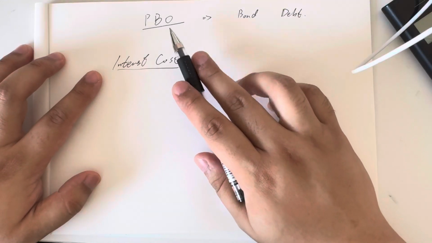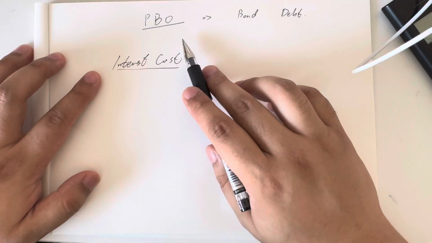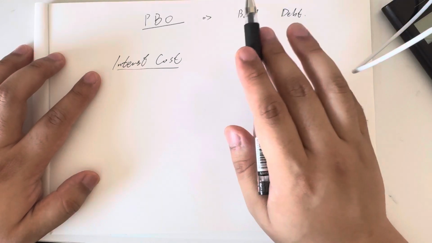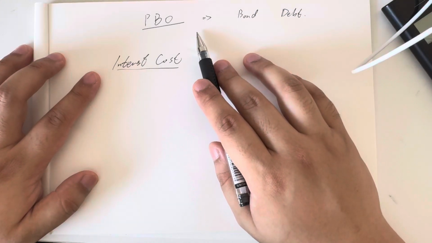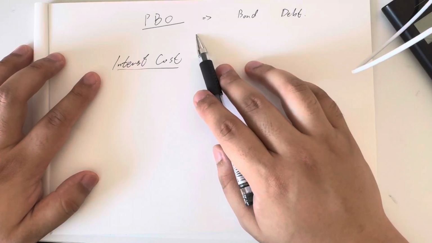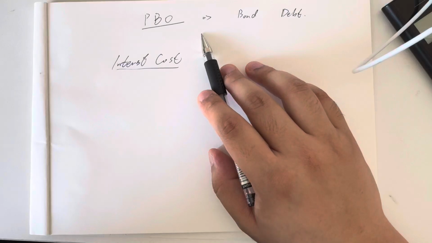That's why the projected benefit obligation means you have to pay a lot of money after they retire.